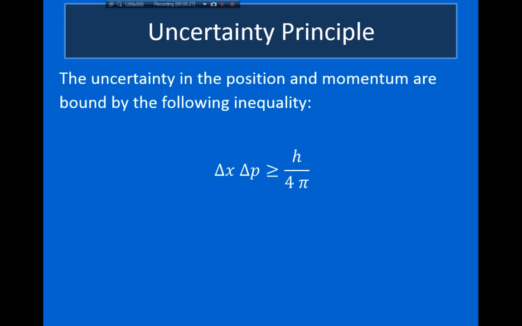So, for example, if I had an electron which was in a harmonic potential, so it's acting like a particle attached to a spring, and I know with 100% certainty that that particle is in its lowest energy state that is allowed by Schrodinger's equation, then I know with 100% certainty what that particle's wave function is.